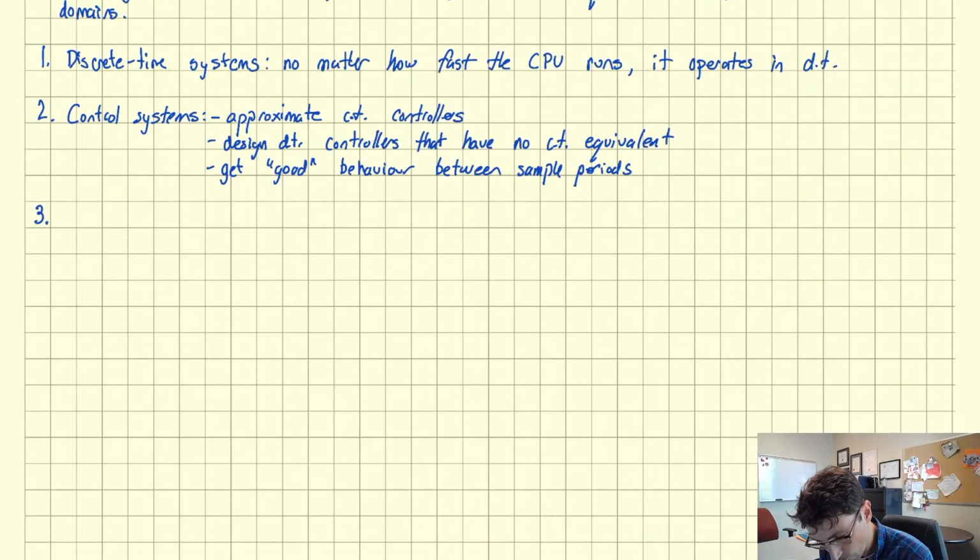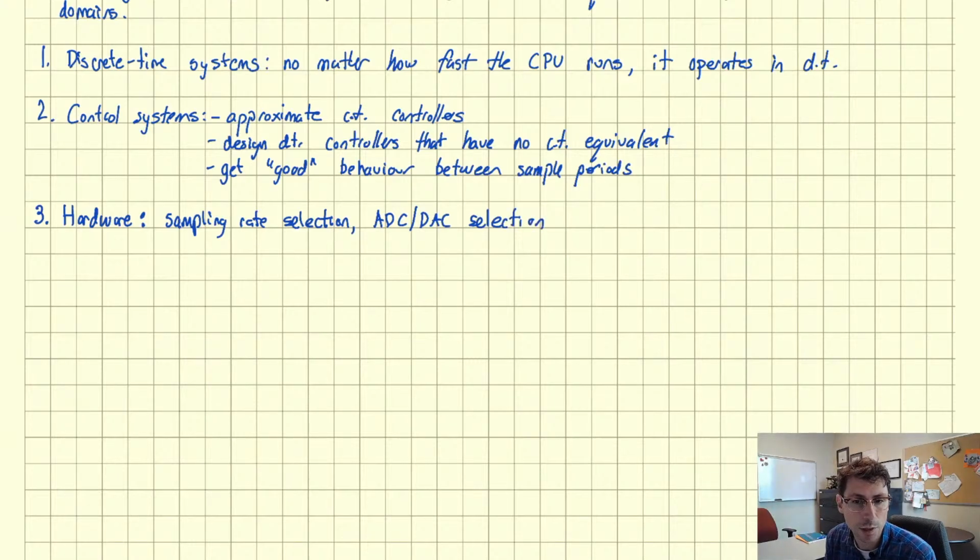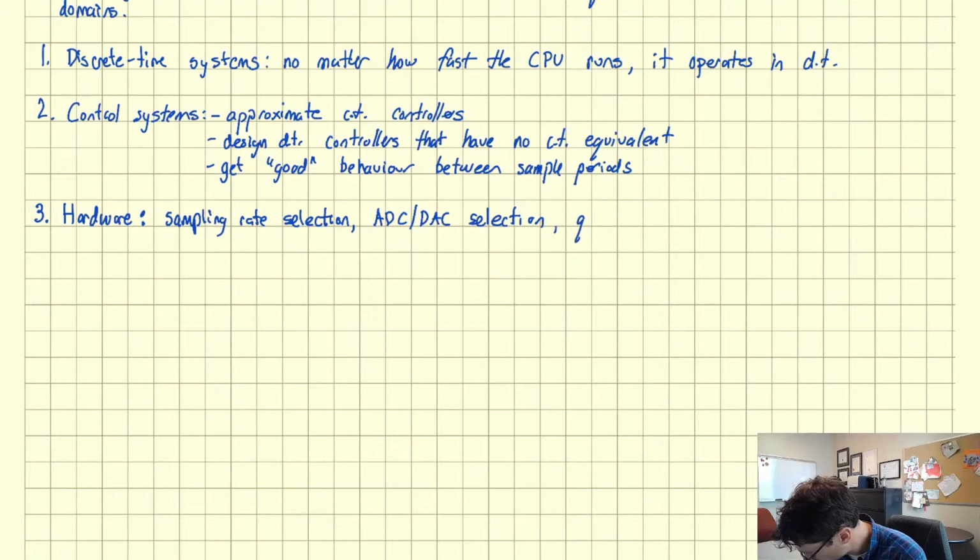Third thing you sort of need to know a little bit about is hardware, of course. So, choosing sampling rates, the hardware that you're using for digital to analog conversion, and so on. So sampling rate selection, we'll talk about that in this course. What we won't talk so much about is choosing the hardware. We're going to assume that that's sort of fixed. In fact, we're going to use a very simple model for our A to D and our D to A. Dealing with quantization.